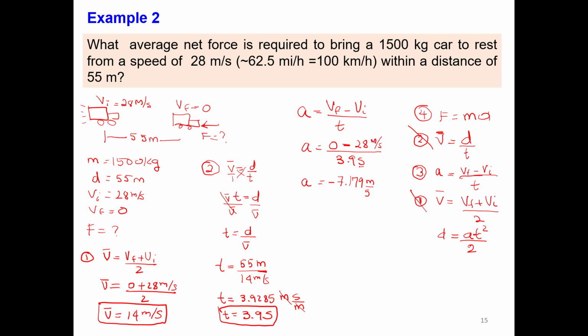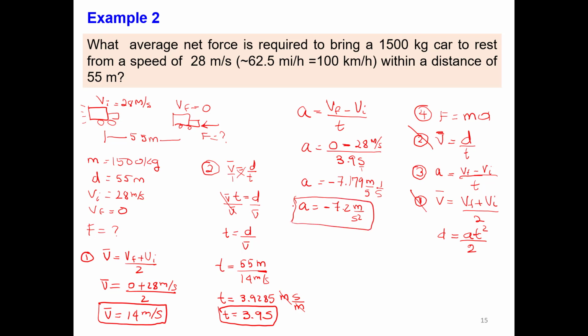And remember, we need to flip this fraction, and it's 1 over second. And the acceleration, if we write with the right number of significant digits, is negative 7.2 meters per second squared, which are the units we expected for acceleration.